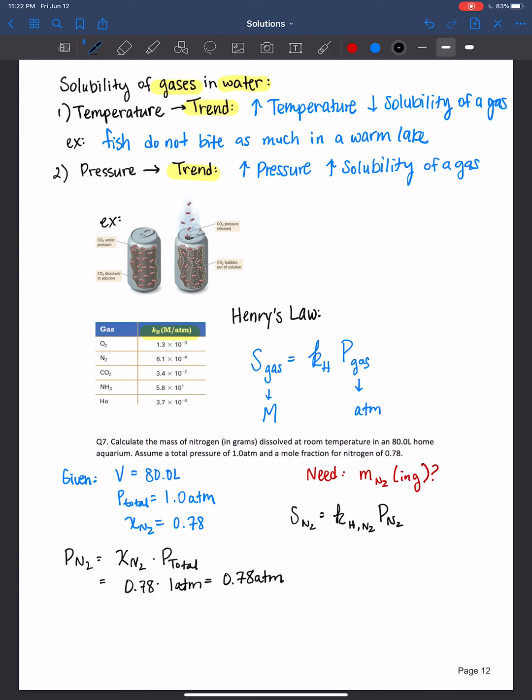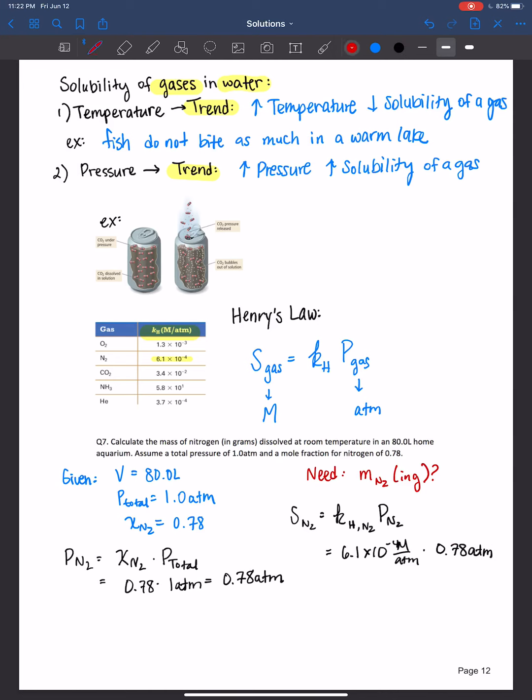Henry's gas constant we can find from the literature, shown here, 6.1 times 10 to the negative fourth molarity per atmosphere. And so let's go ahead and figure out the solubility of that gas. So 6.1 times 10 to the negative fourth molarity per atmosphere times the partial pressure of that gas, 0.78 atmospheres.